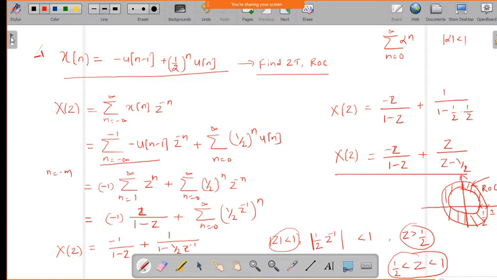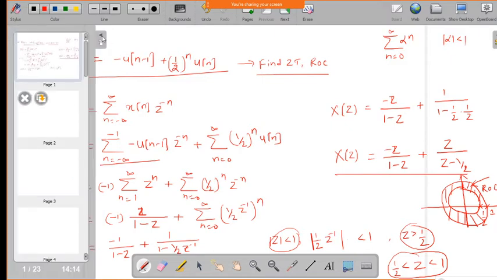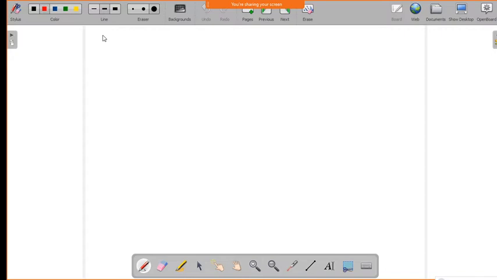Okay, now we can take one more, try to do it on your own and tell me the answer. Here x of n is given by the sequence: 1 for n equal to minus 1, 2 for n equal to 0, minus 1 for n equal to 1, 1 for n equal to 2, and 0 otherwise.